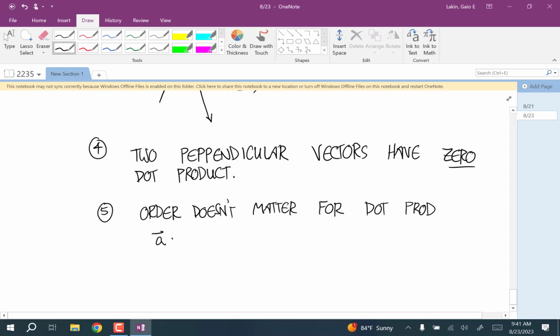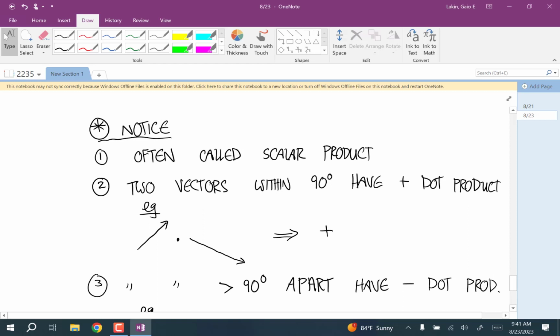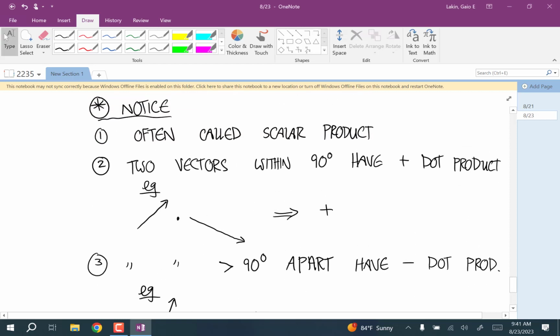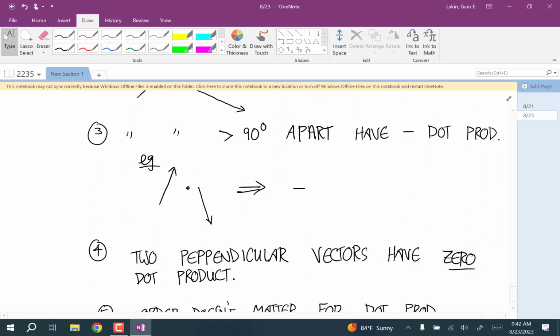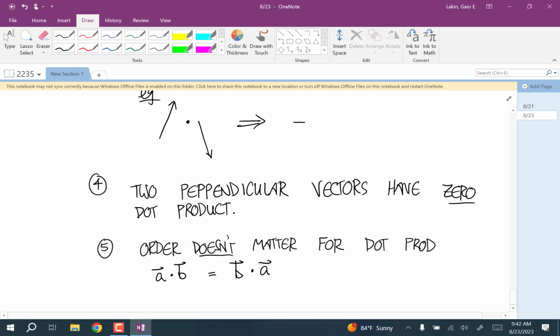So if you take the dot product of A and B, you get the same thing as if you take the dot product of B and A, B dot A. In a way, all of these are just sort of contrasts with what we're going to see with the cross product.